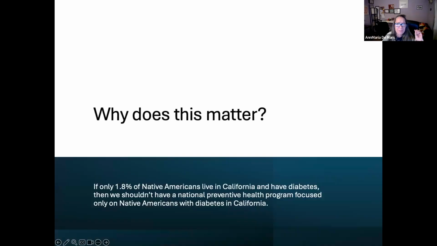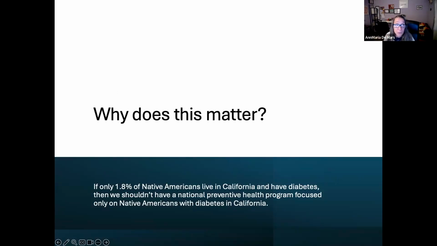Why does this matter? Why is this important? Well, if only 1.8% of all Native Americans both live in California and have diabetes, then we shouldn't have a national preventive health program for Native Americans focused only on people with diabetes living in California. Now, you might think that's obvious, but I can assure you it is not.